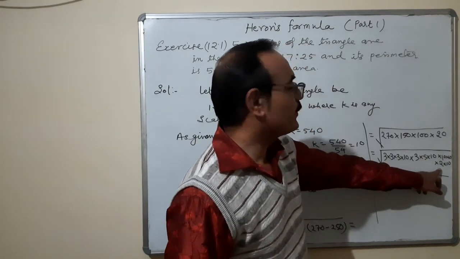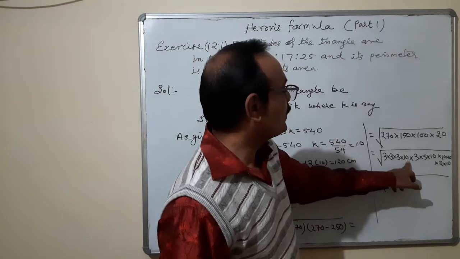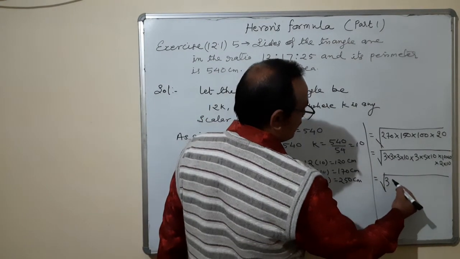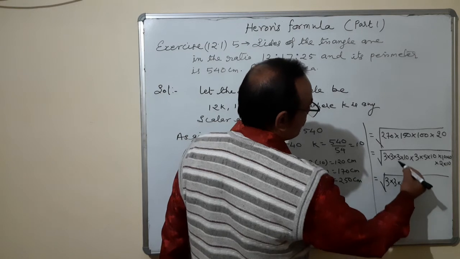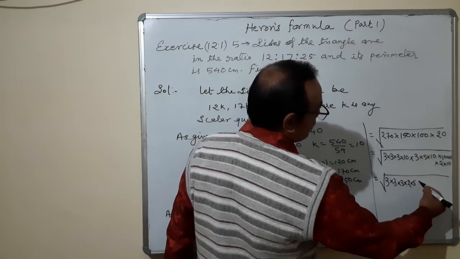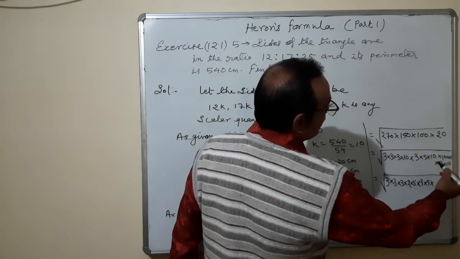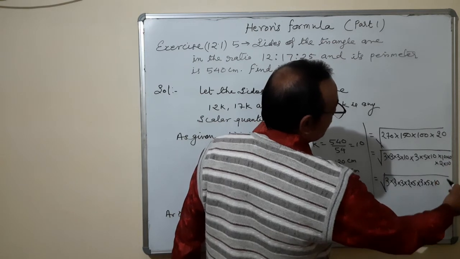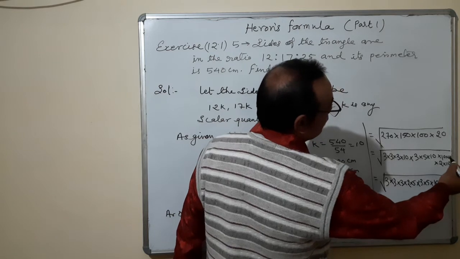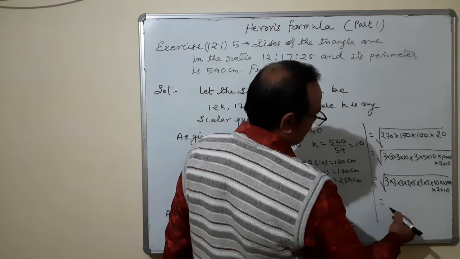If 2 is coming only one time, what does it mean? Any one of the 10s we can break into two parts, 2 into 5. So here I can write 3 into 3 multiply 3 multiply this 10 as 2 into 5, multiply by 3 multiply by 5. After that 10 into 2 into 10. Is that okay?